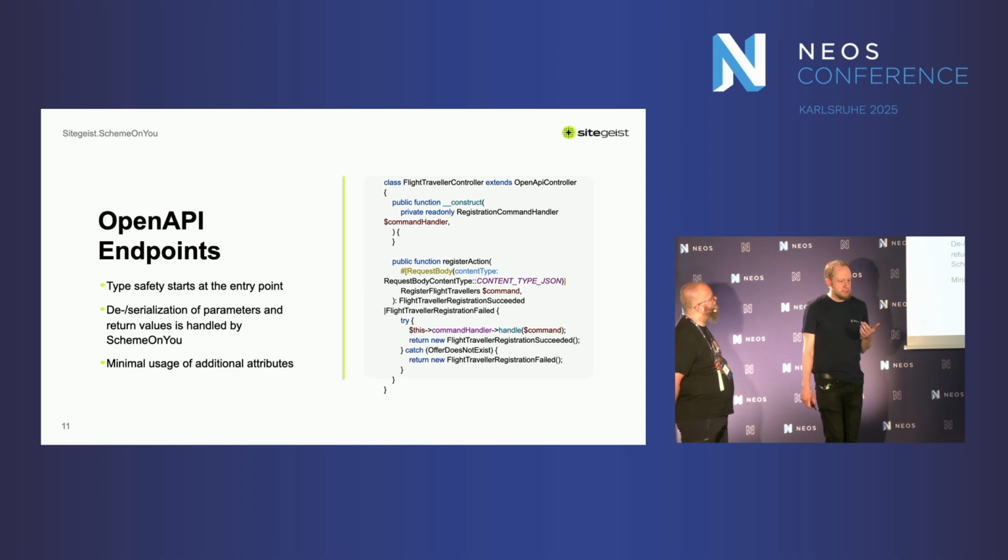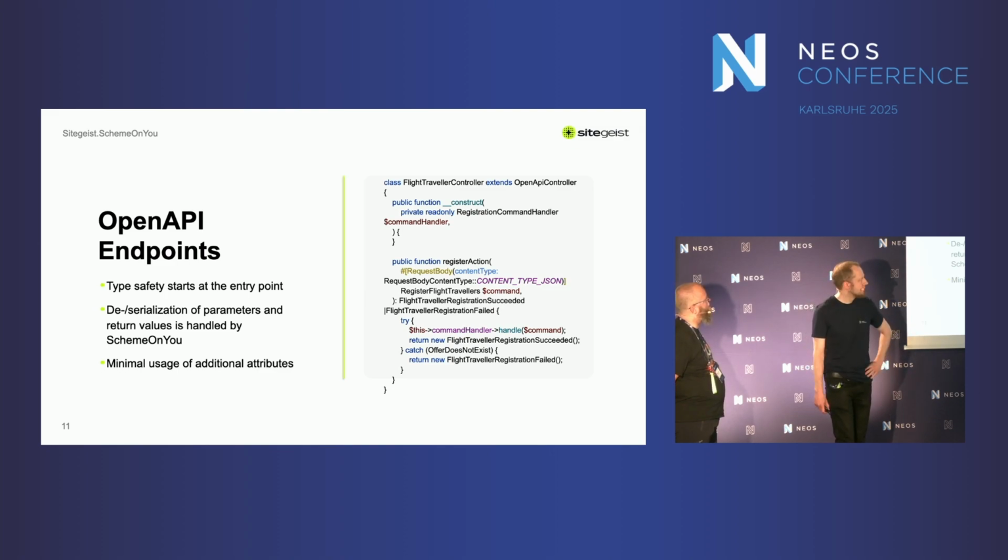And all of this can be modeled in PHP objects, like the register travelers command is a PHP object, and so are the two responses, the success or the failure message.